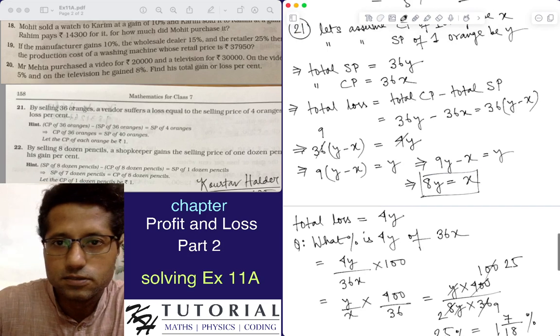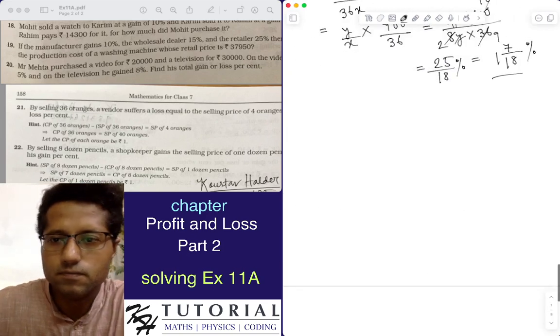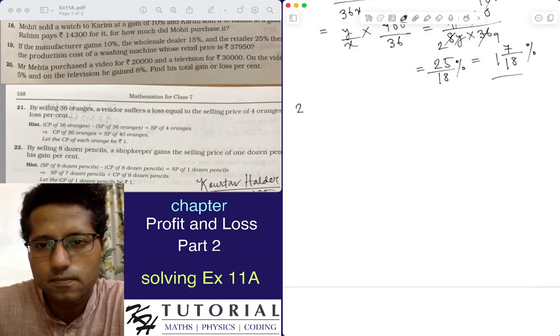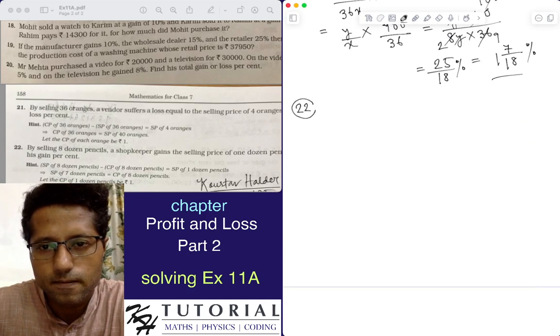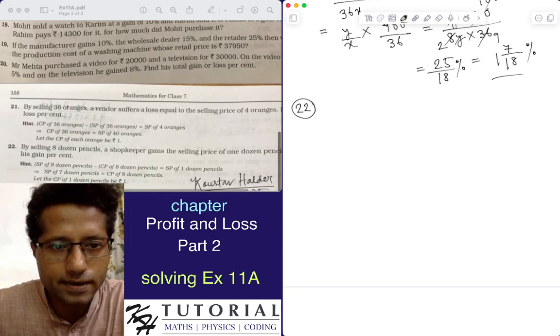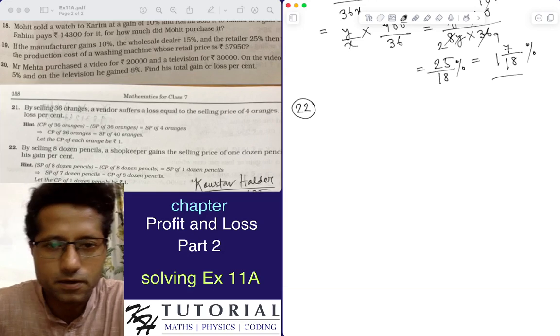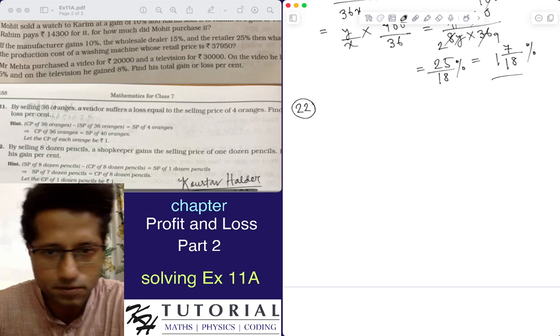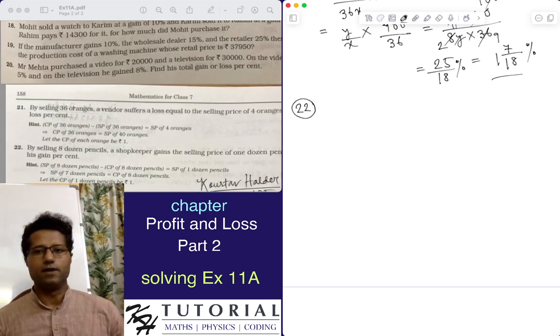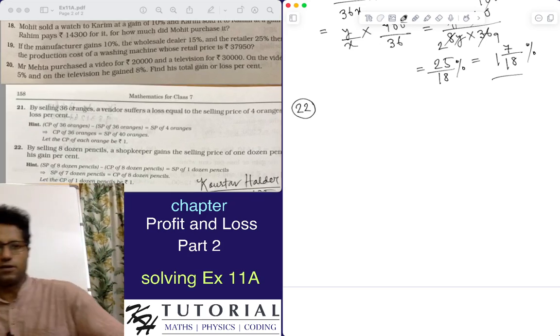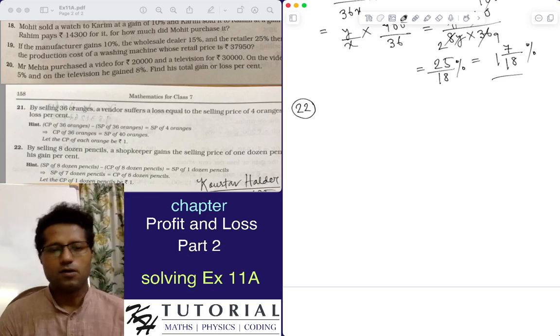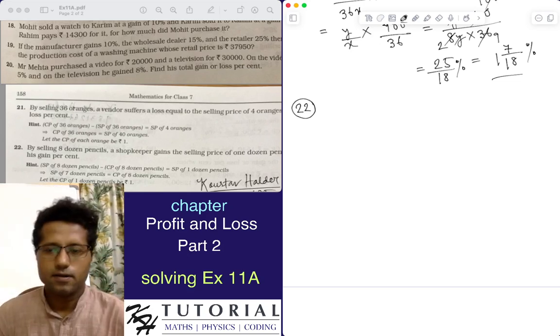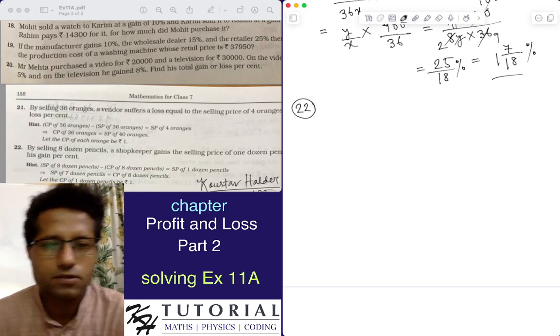Okay, let's do question number 22, which is the last problem. It says that by selling 8 dozen pencils, a shopkeeper gains the selling price of 1 dozen pencils. Find his gain percent. Even though this problem is similar to 21, I think questions 21 and 22 are not tricky, but they will require a bit of thinking.